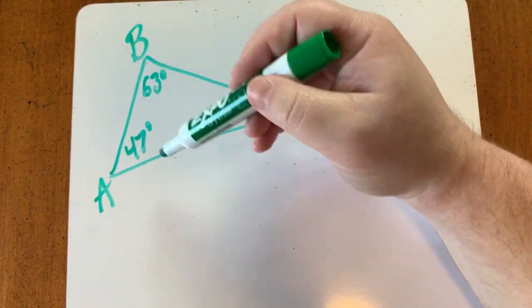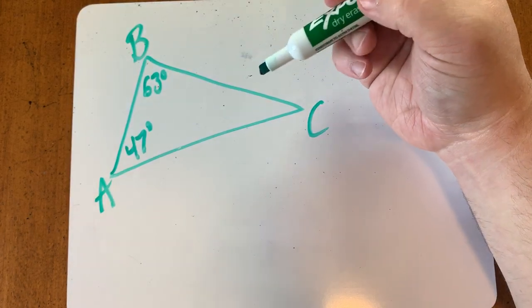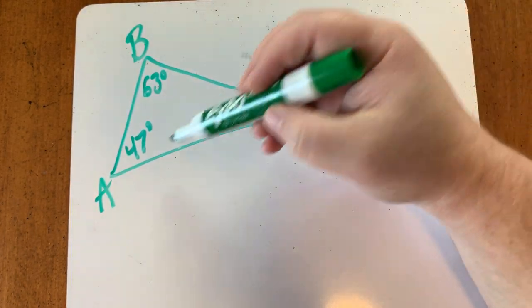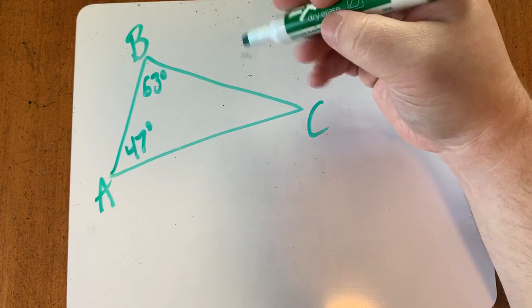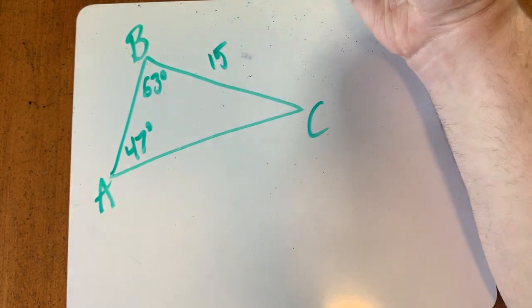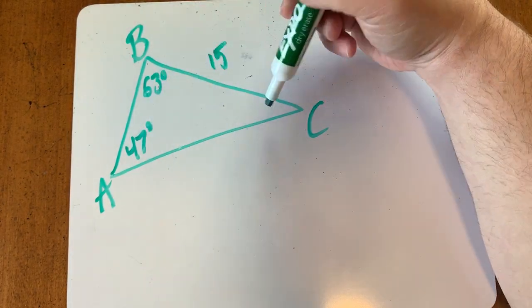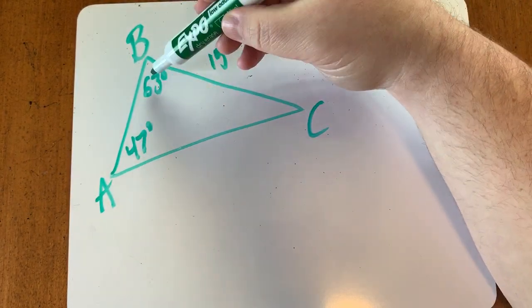So if you know two angles, you really know three angles. Now, if we knew just three angles, we wouldn't be able to solve, but let's say we had a side. Let's say this was 15.